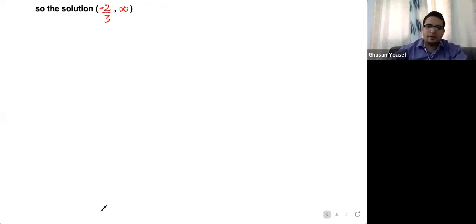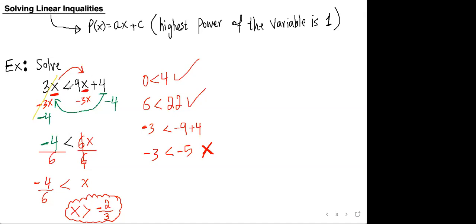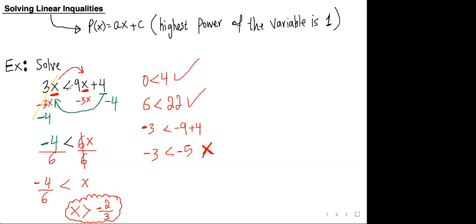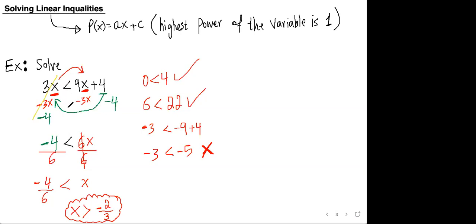And minus 2 over 3 is not an answer for this inequality. Why? If we plug this one inside here, it will not be an answer. It's because there is no equal sign.